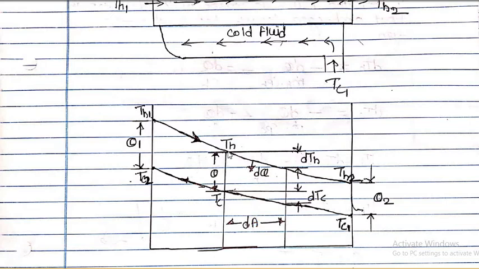The elementary area starts from this point and ends at this point for the hot fluid, and it starts from this point and ends at this point for the cold fluid. As the hot fluid moves over the elementary area, its temperature goes on decreasing in the positive x direction.